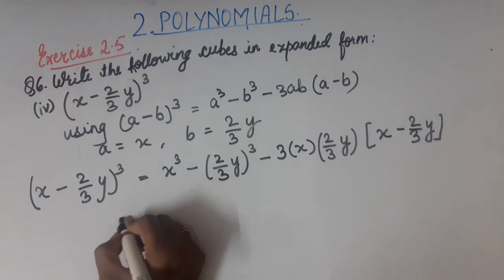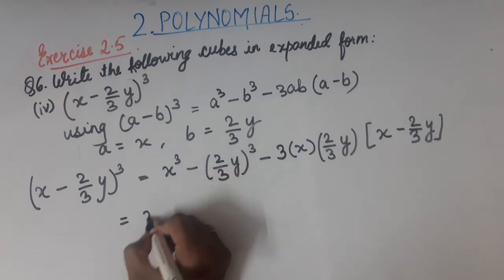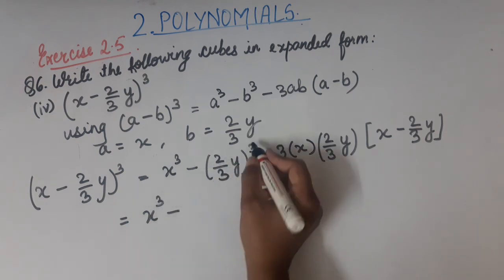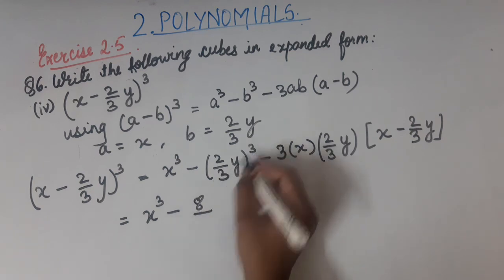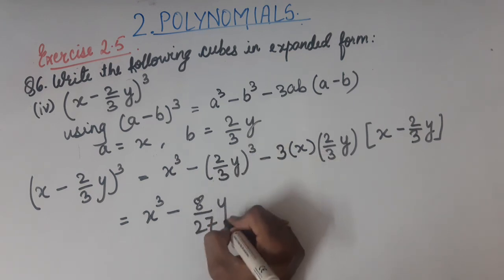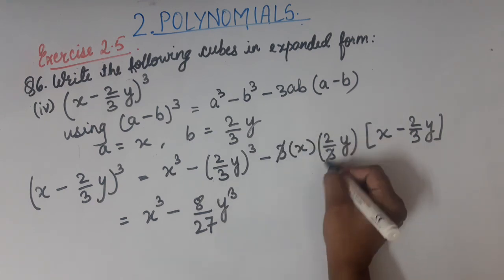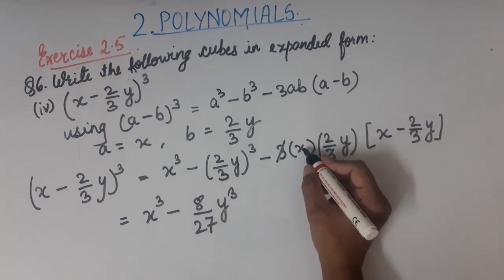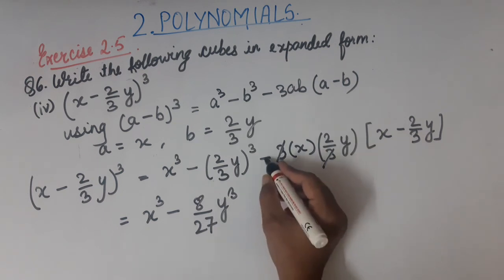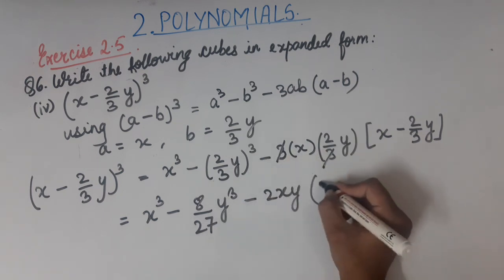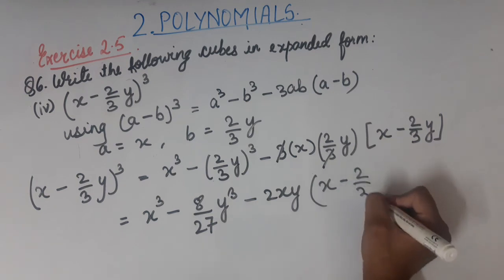Now solve this. You will have x cube as it is, minus 2 cube is 8, 3 cube is 27, y cube. Now 3 cancels. What you have is x into 2y. So here minus is there, so minus 2xy in bracket x minus 2/3 y.